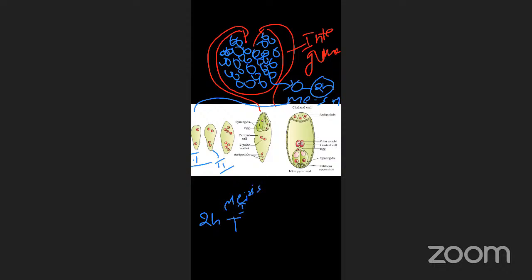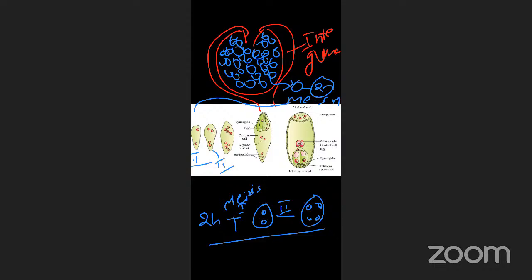After meiosis 1, two nuclei formed. Meiosis 2, four nuclei formed. Like this. This process is called megasporogenesis. Is it clear? This process is called megasporogenesis.